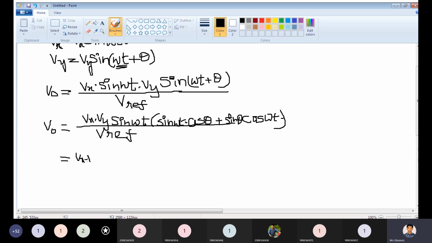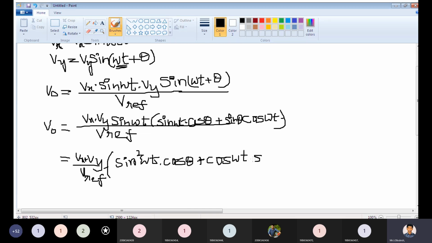Vx into Vy divided by V reference into sin square omega t cos theta plus cos omega t sin omega t sin theta.